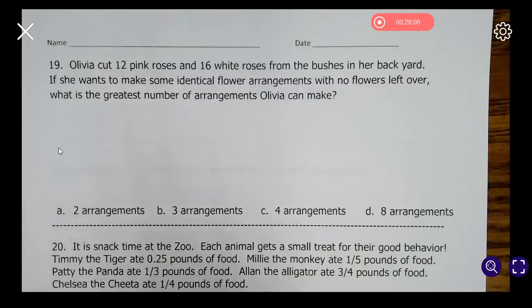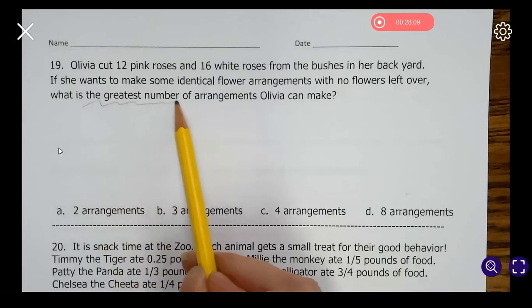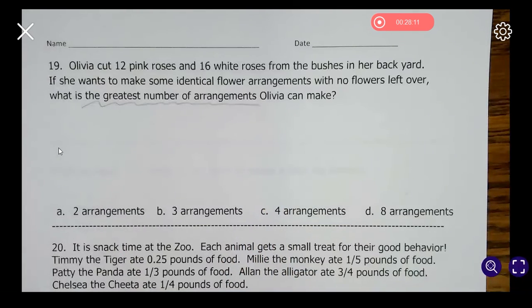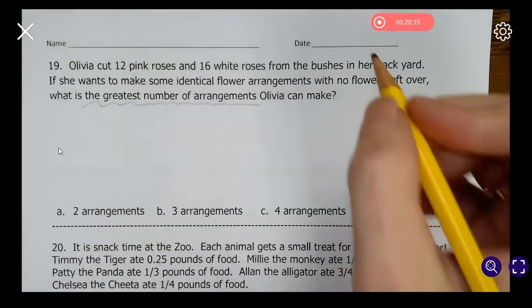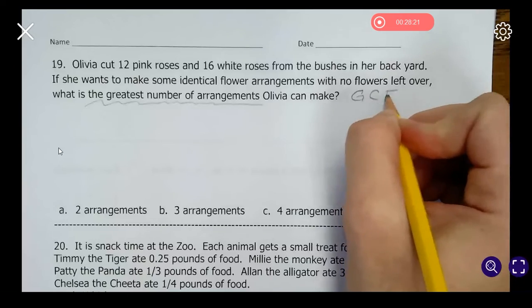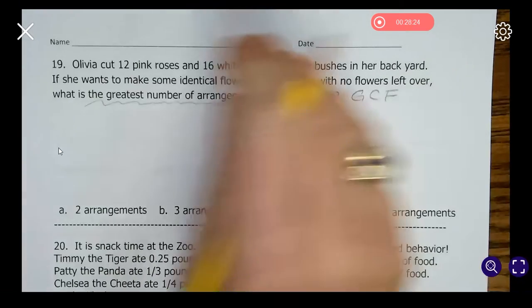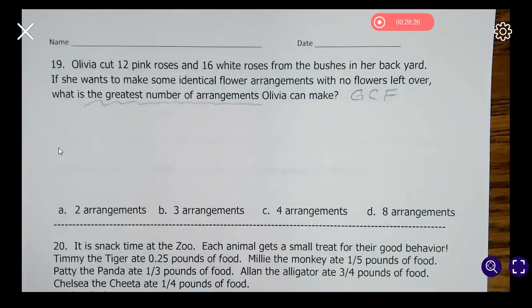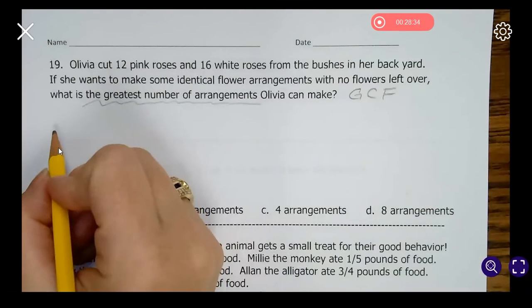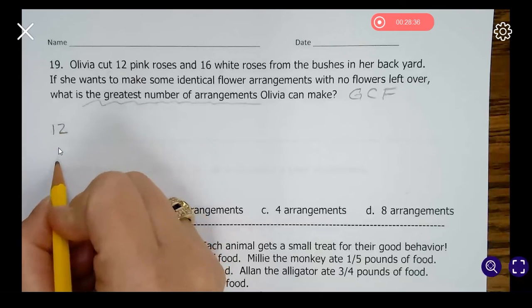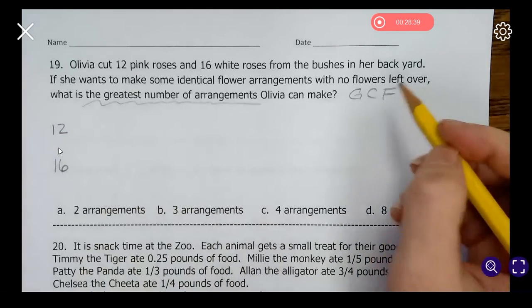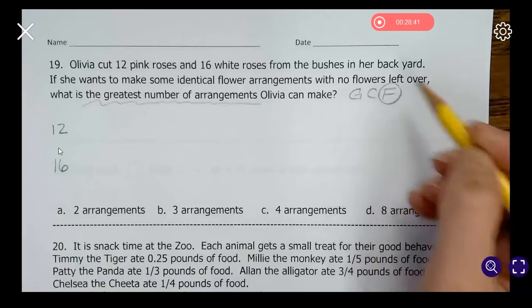When you see a question that says, what is the greatest number of arrangements, the greatest number of like things or common things, this is a greatest common factor problem, okay? Whenever you see wording like this, where something's in common or the same, that is a greatest common factor problem. So what you want to do now is figure out what the greatest common factor of 12 and 16 is. We're going to list the factors.